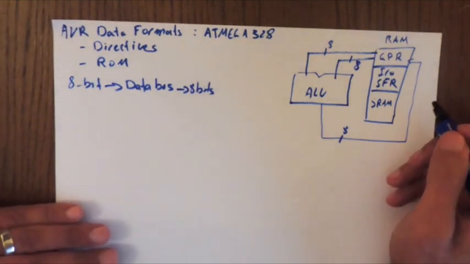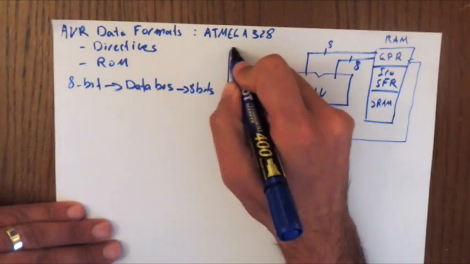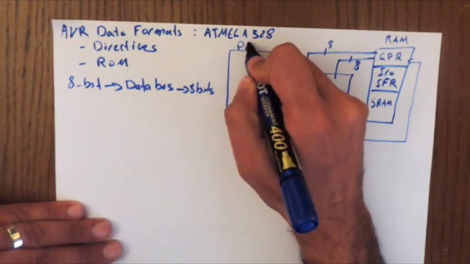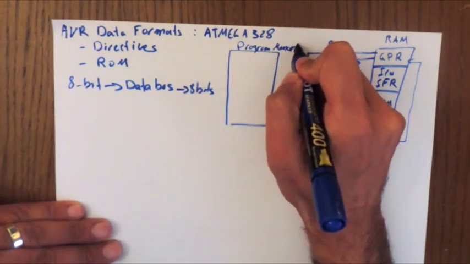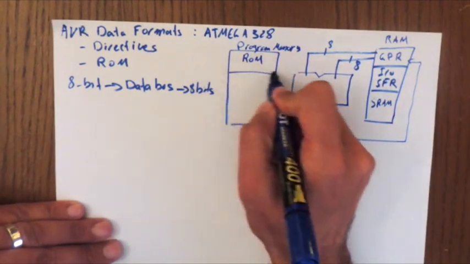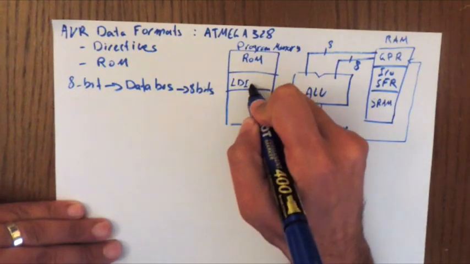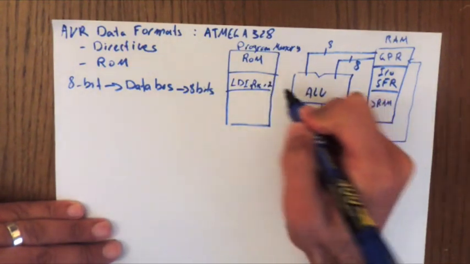Now, what about the instructions? Where do they lie? The instructions reside in program memory, the ROM. So here we find our LDI R16, 2, for example.